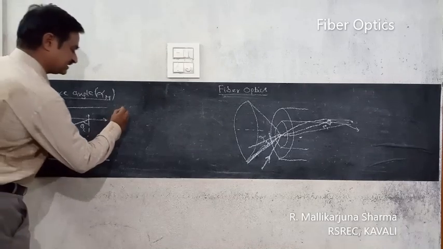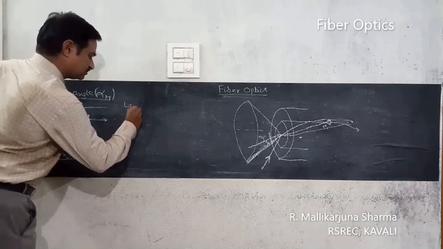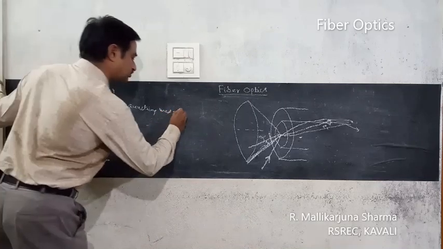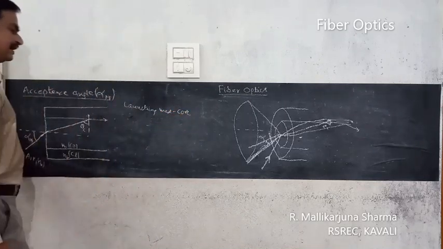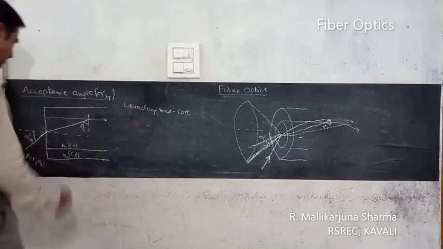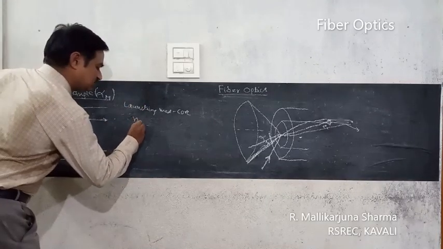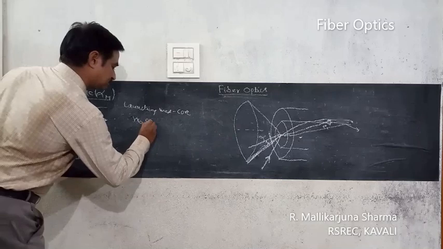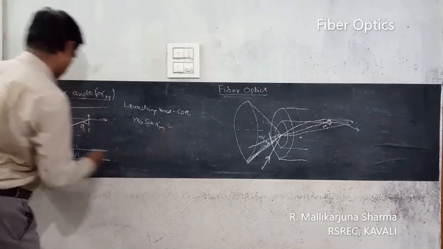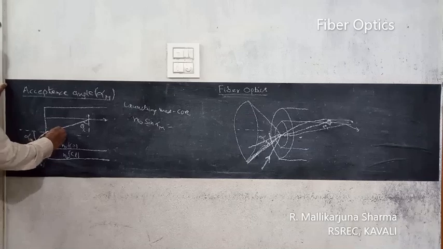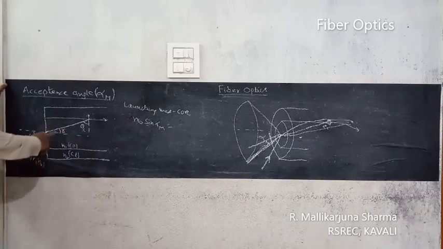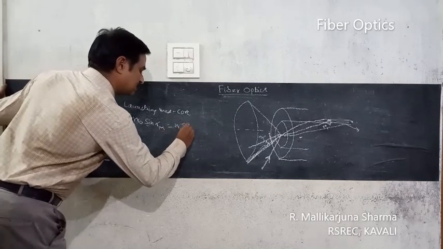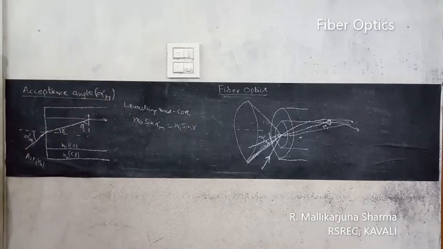Applying Snell's law between the launching medium and core, n0 sin alpha m is equal to n1 sin r, where we call r the angle of refraction.